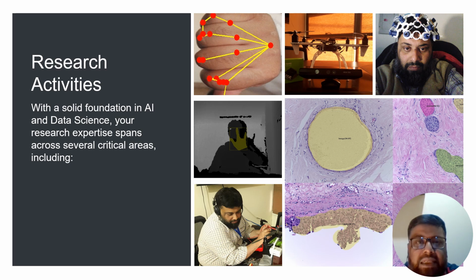In the last part, I would like to discuss my research activities, with a solid foundation in AI and data science. My research expertise spans several critical areas, including my extensive experience in designing and implementing machine learning algorithms, particularly for multi-class cancer classification, as you see in the figure.